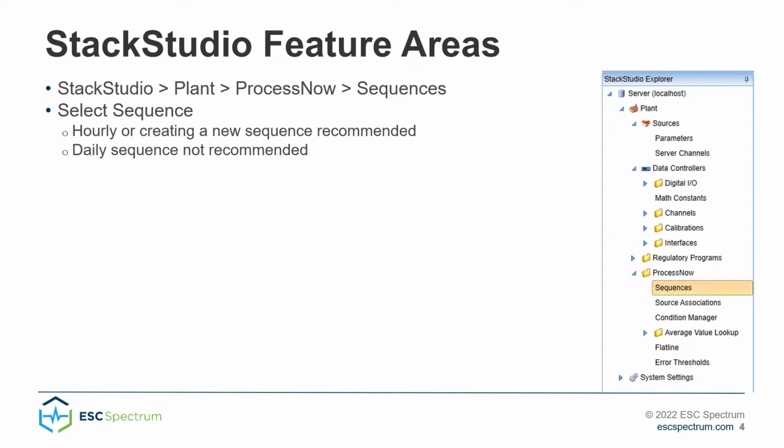If you're okay with potentially increasing your ProcessNow time for that daily sequence by about 10 to 20 minutes, depending on your settings, then you can do that. But generally, just because of how much it extends that processing time for your daily ProcessNow sequence, we do recommend putting it in the hourly or its own separate sequence.